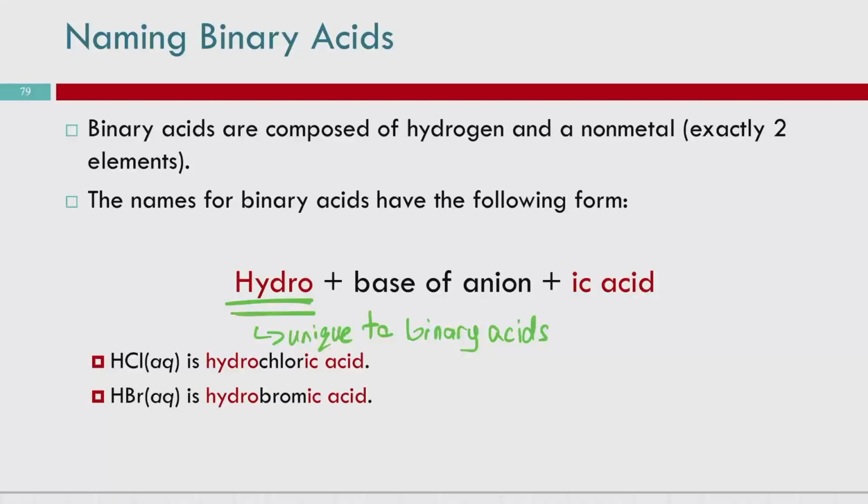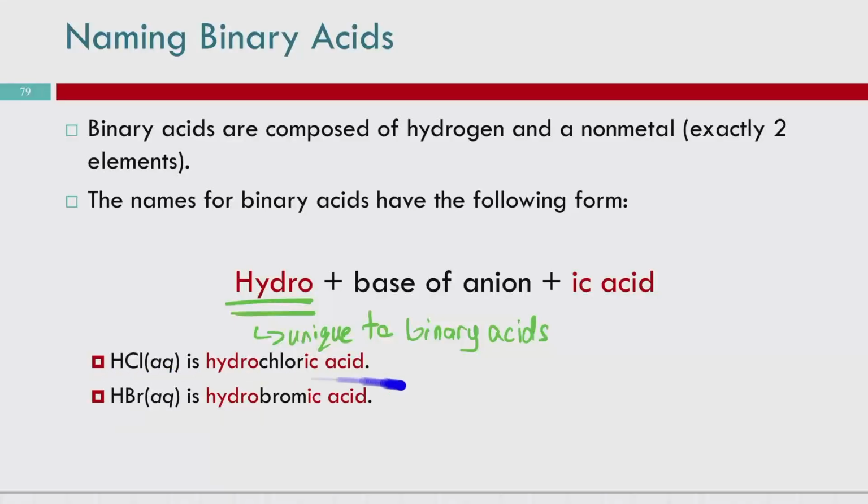But that was probably clear to you. So for example, HCl, the AQ here means it's aqueous, meaning it's dissolved in water. That lets us call it an acid. So HCl, we've got an H in front, that lets us know it's an acid. It's just two things. We put the hydro prefix, we take the base name for chlorine, which is chlor, we add ic to the end, and we also tack on acid as our second word.